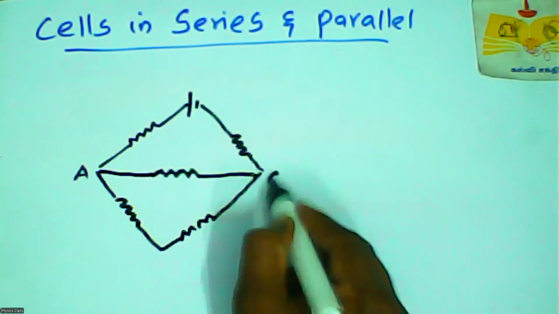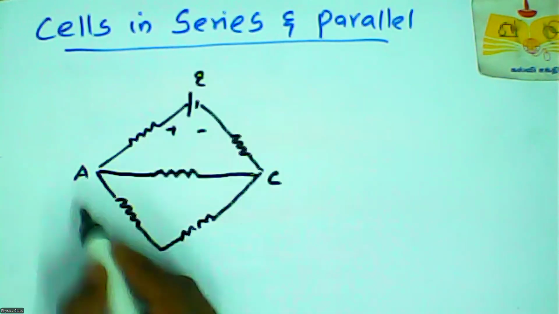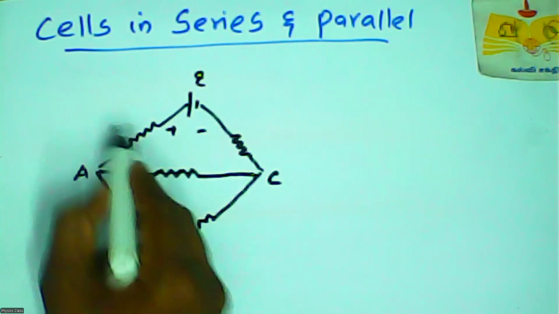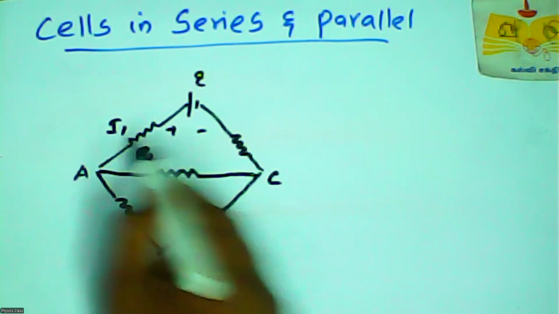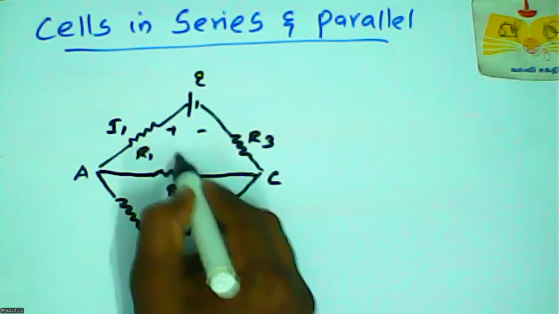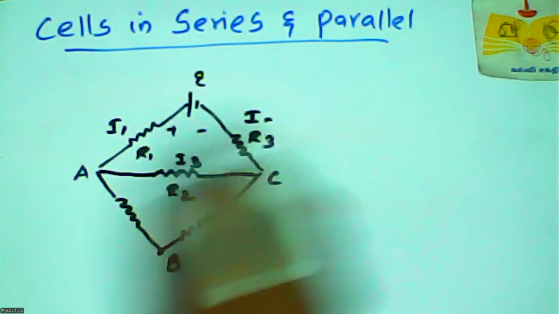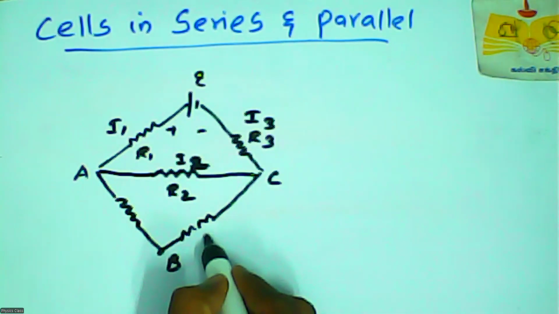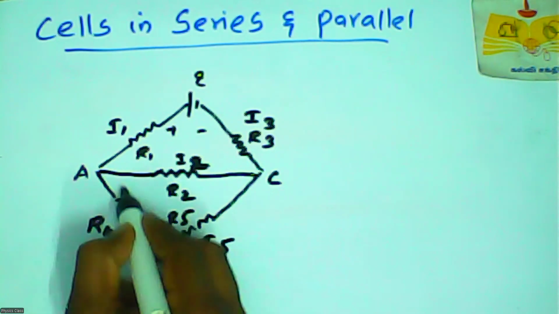So A, C, this is the battery with EMF, and this is connection B. Here you can see one resistance. So current I1 is passing through R1. Here R3, here R2. So this is I3. We can say that I2. Plus R2, so I3. And here I5, R5. Here R4, I4, like that.